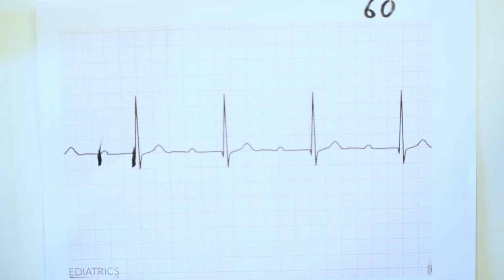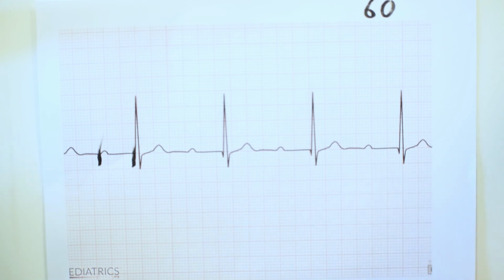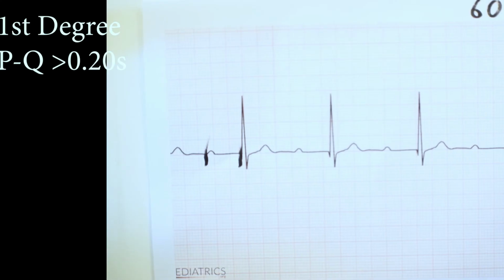So it's definitely a sinoatrial rhythm coming from the sinus node. However, the PQ interval is very long, and so this is what we call a first degree heart block. All it is is that the PQ interval is broadened. It's also important to note that this can be normal in very fit individuals, like athletes or runners.